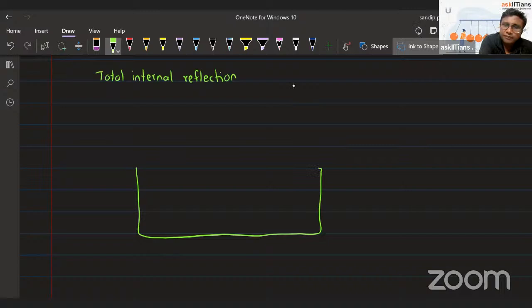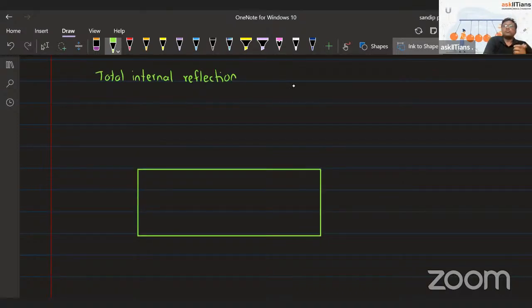Let's take glass this time. For total internal reflection to happen, consider a light source inside the glass. It will send light in all possible directions. One will be like this, another will be like this.